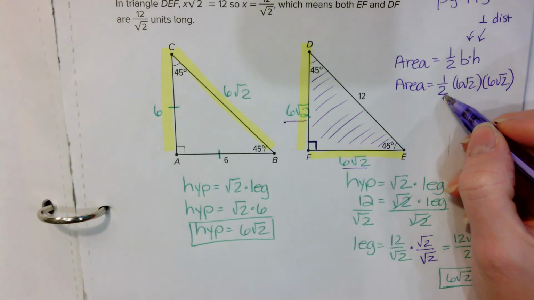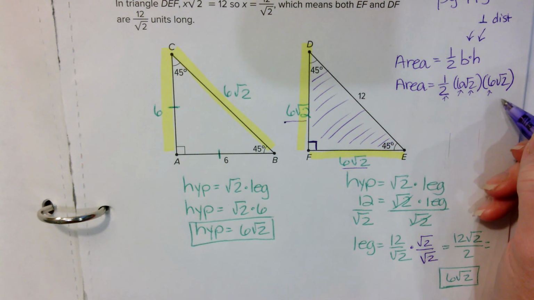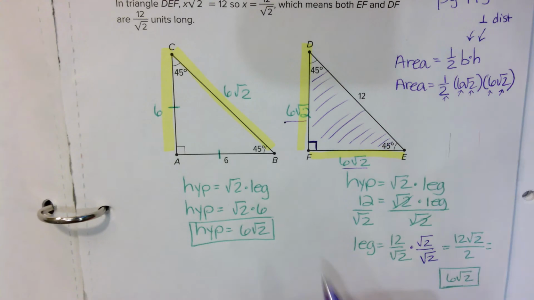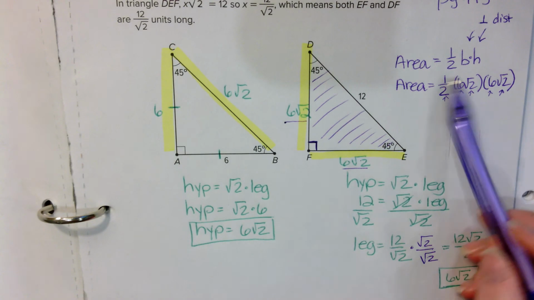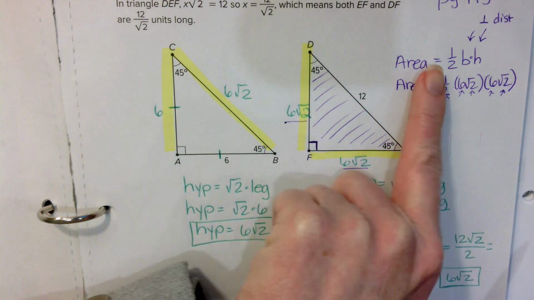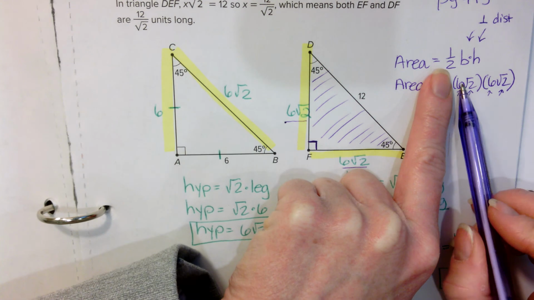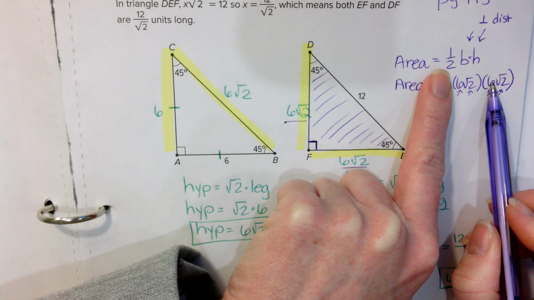Look at this, it's really like the 1/2 times the 6 times the square root of 2 times the 6 times the square root of 2. This is not the distribution property. Do not distribute the 1/2, you'll get a wrong answer. So I'm gonna leave the 1/2 for a moment, and I'm gonna look at this and realize the 6 and the 6 are like terms.